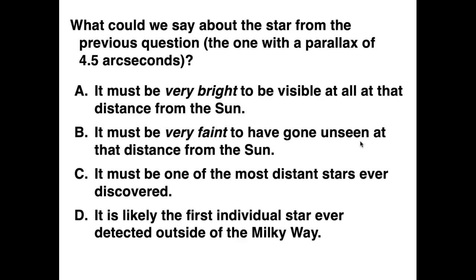It must be really faint. This star must be really, really dim that nobody discovered it yet, even though it's super close to us in the galaxy. So the answer must be B.